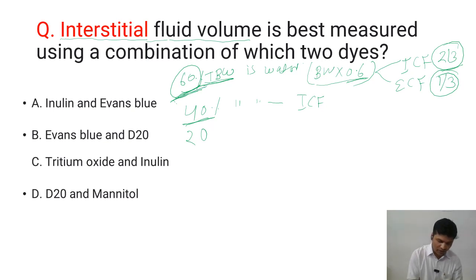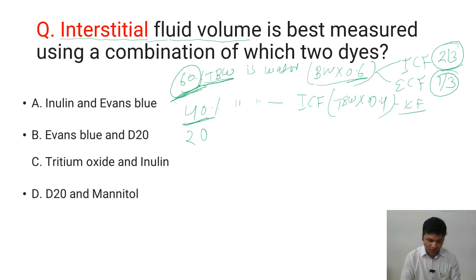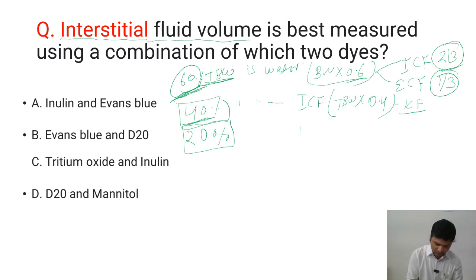So suppose the body weight is 60 kg, then 0.4 into body weight gives 24 liters inside the cell, ICF, out of total body water of 36 liters. And 20% of total body weight is extracellular fluid, so total body weight into 0.2.